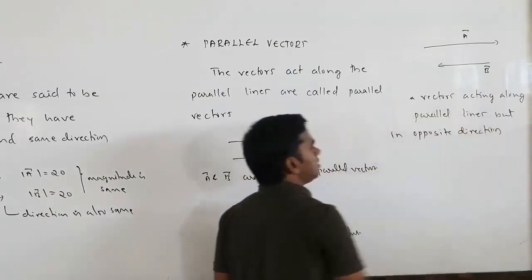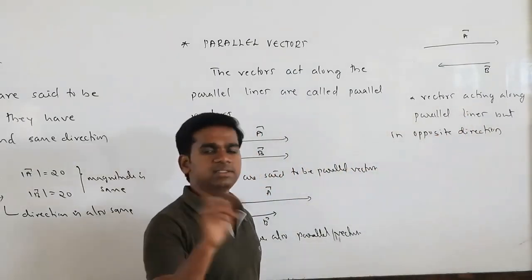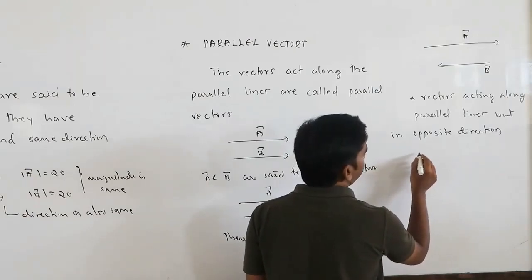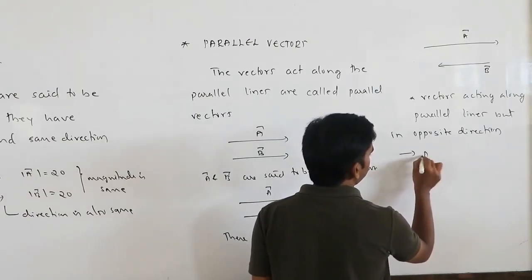If vectors are acting along parallel lines but in opposite direction, then you can call them anti-parallel vectors. Okay, so these are called what?